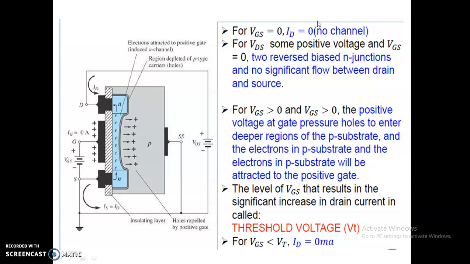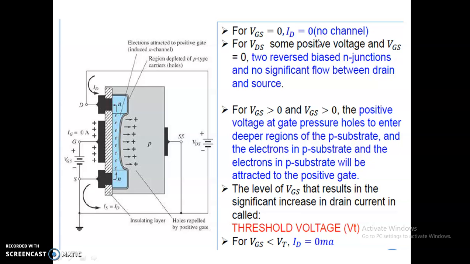This is exactly opposite to what happens in depletion MOSFET, where ID is equal to IDSS when VGS is equal to 0. Here the channel is absent, so ID will be 0. But in depletion, ID is equal to IDSS, maximum current will flow.